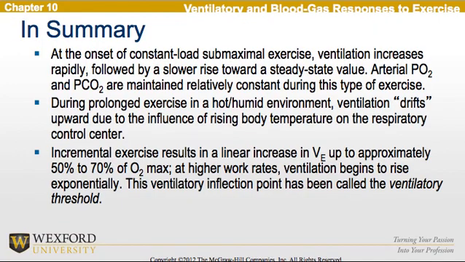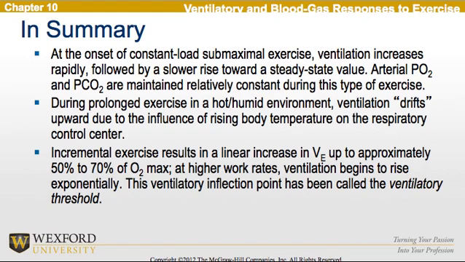In summary, at the onset of constant load submaximal exercise, ventilation increases rapidly, followed by a slower rise toward a steady state value. Arterial partial pressure of oxygen and carbon dioxide are maintained relatively constant during this type of exercise. During prolonged exercise in a hot, humid environment, ventilation drifts upward due to the influence of rising blood temperature on the respiratory control center.